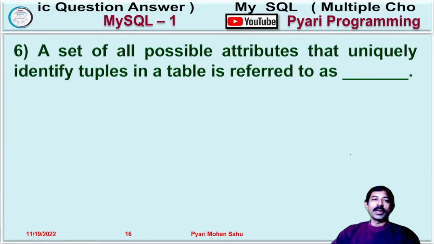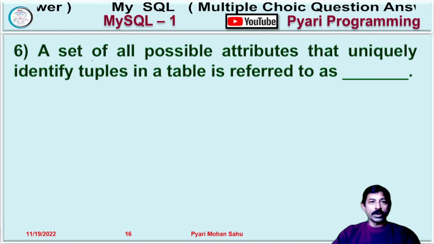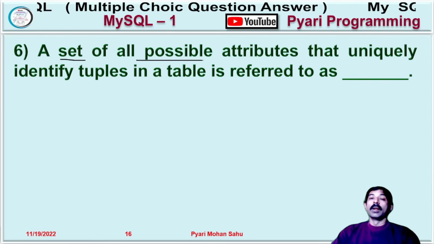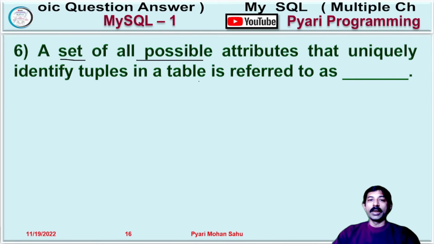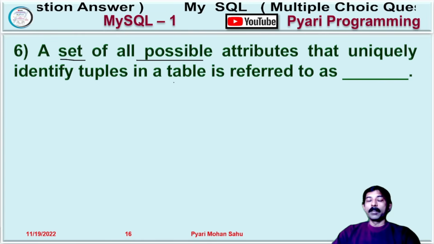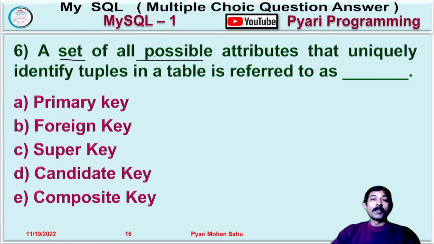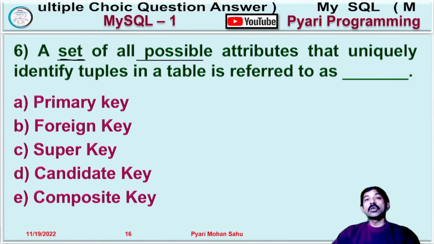Now the next question is a set of all possible attributes that uniquely identify a tuple in a table. A tuple in a table is referred to as dash. All are keys again, but set of possible attributes indicates it is a super key.